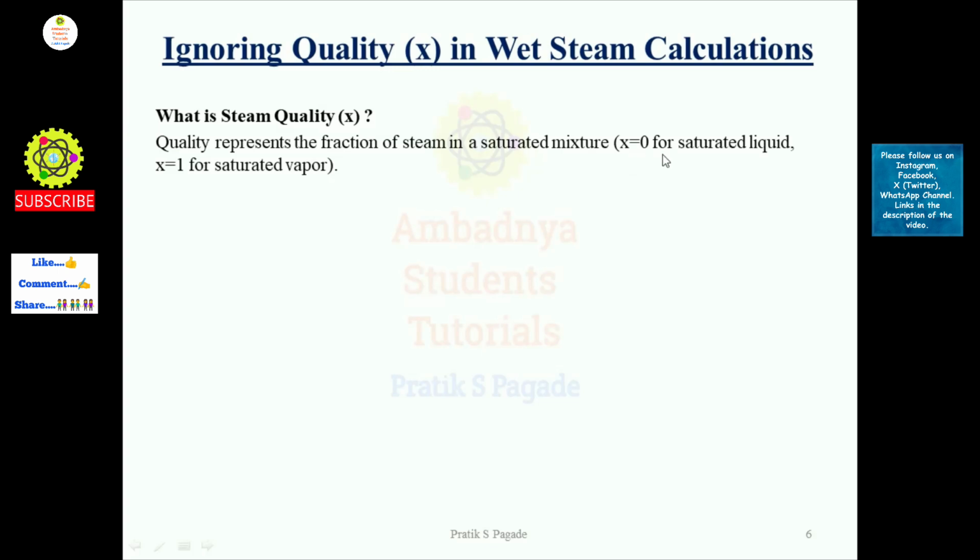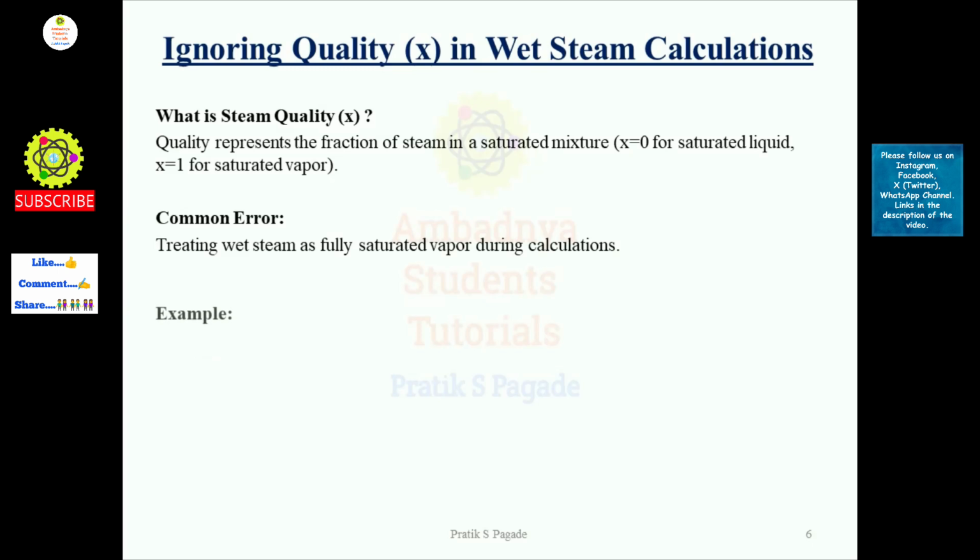Here x is equal to 0 for saturated liquid and x is equal to 1 for saturated vapor. The common error is treating wet steam as fully saturated vapor during calculations. Wet steam always contains some moisture, so that's why we need to calculate the quality of steam, that is x.